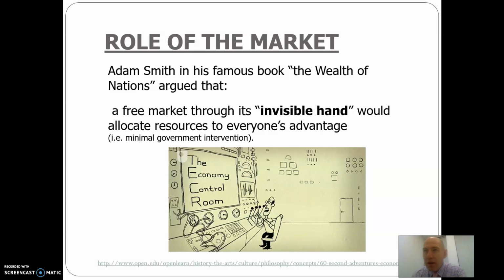So in terms of the market, you guys have seen your demand and supply diagrams, and what he said was there was an invisible hand working, and that would make sure that the allocation of resources was as efficient as possible. Okay, press pause on this video, take the link and watch the 60-second video. It's excellent and you might want to watch it a couple of times.